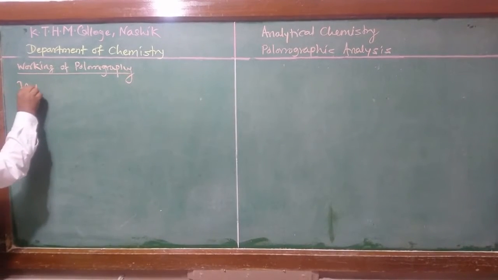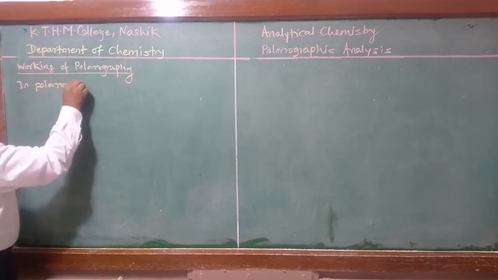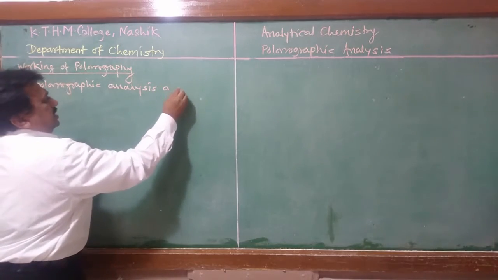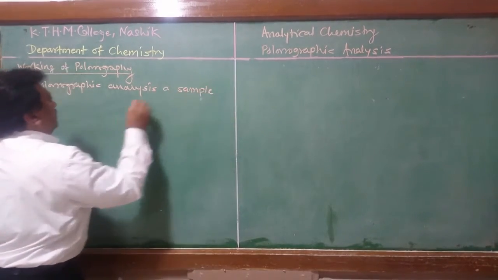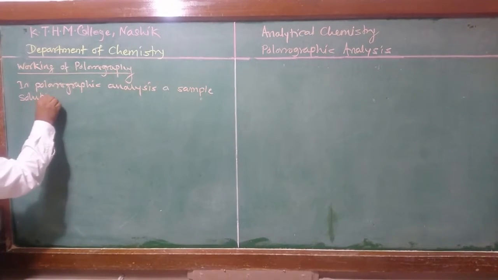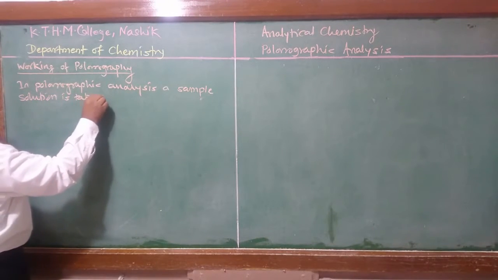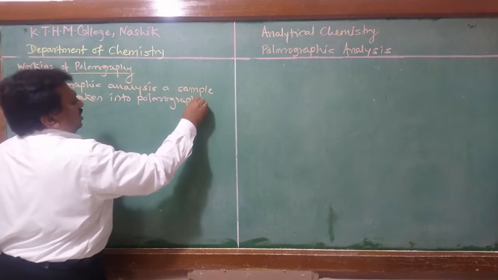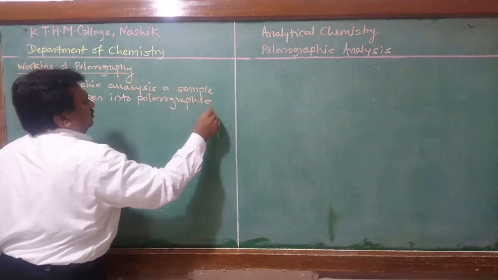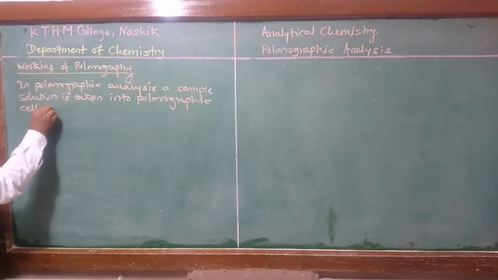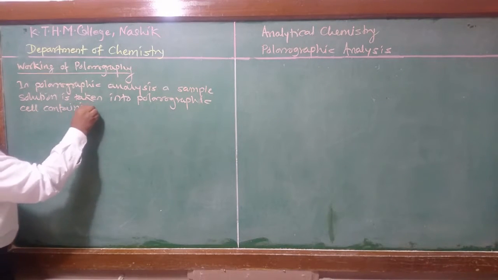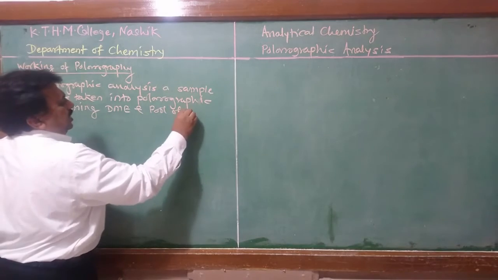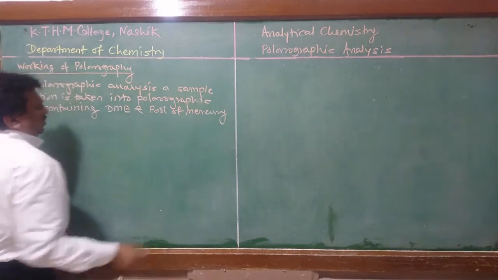In polarographic analysis, a sample solution is taken into a polarographic cell containing a dropping mercury electrode and a pool of mercury counter electrode.